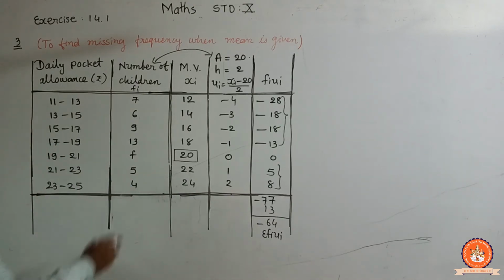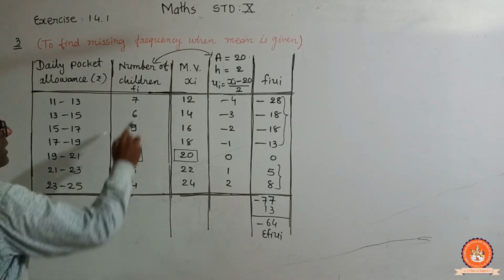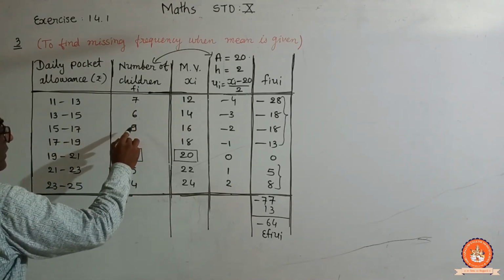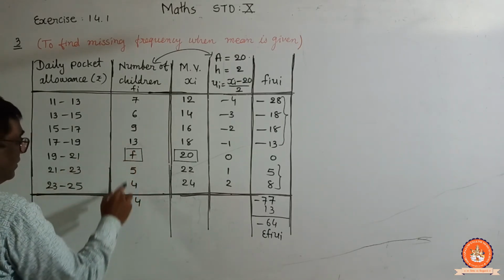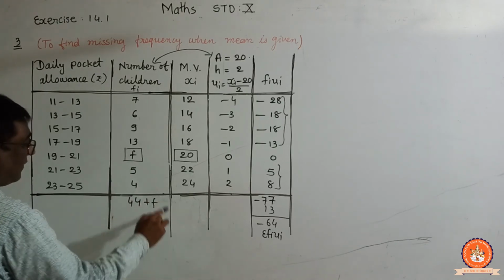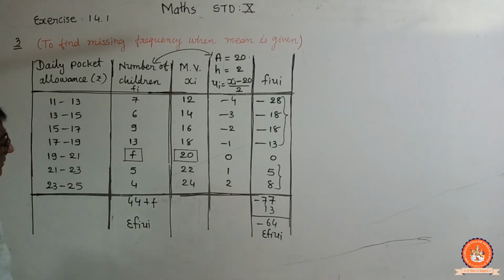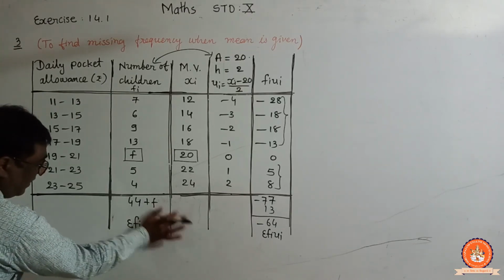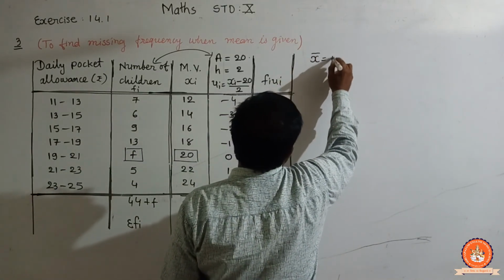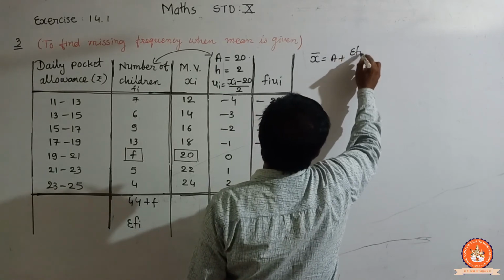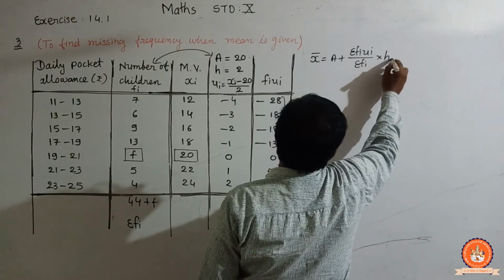And number of children, look at it. This one is an f. Okay, 7 6 13 and 9 22, 25, 13 34, middle 3 and 1 4 44 plus f. Okay, this is sigma fi. Sorry, this is sigma f. Now x bar is equal to A plus sigma fi ui upon sigma fi into h.